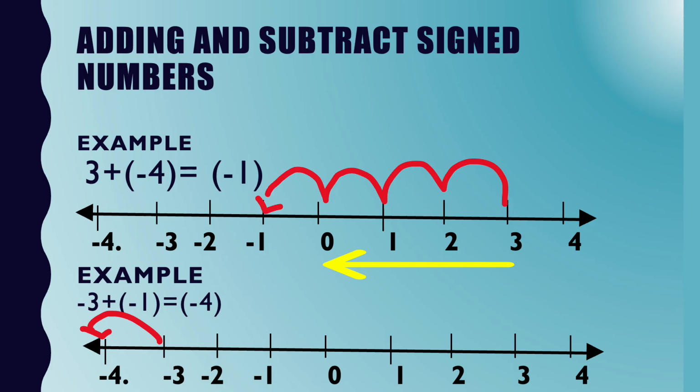So do we go this side? No, because it is not plus 1, it is minus 1. So where do we want to go? We want to go to the left side. Again, minus 3, minus 1. So we are going this side. How many spaces?